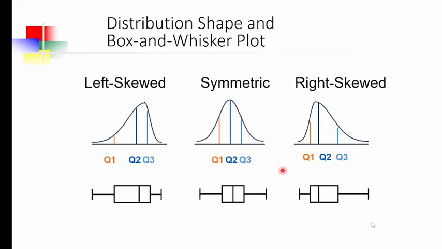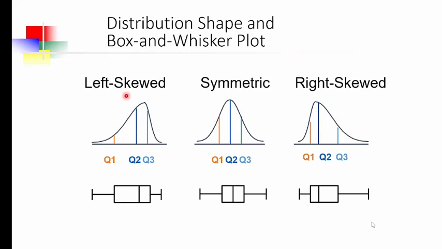Right. Now we are looking at how the left skewed, the right skewed, and the symmetrical data look with the box plots and the distributional curve. Right? Now here, this is the median value. So if this line is longer than the right hand side part, then the left tail is longer, like it has a long left tail.